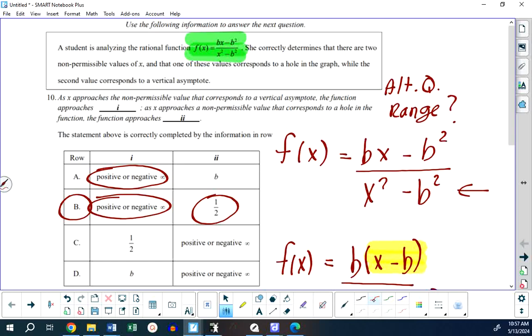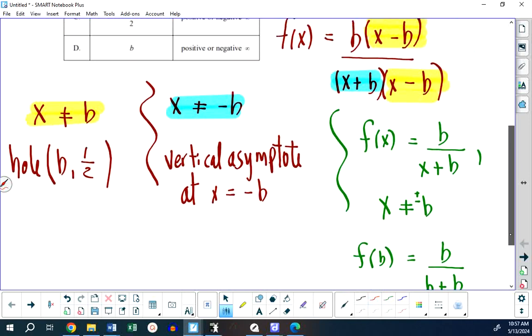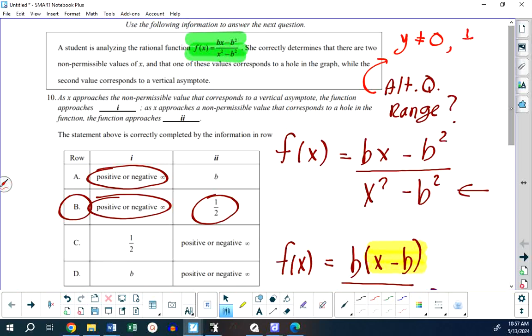Well, the degree on the top is smaller than the degree on the bottom, which means there's a horizontal asymptote at y equals 0, which means y is not allowed to be 0. But because there's a hole, and the y-coordinate of the hole is 1/2, y is also not allowed to be 1/2.